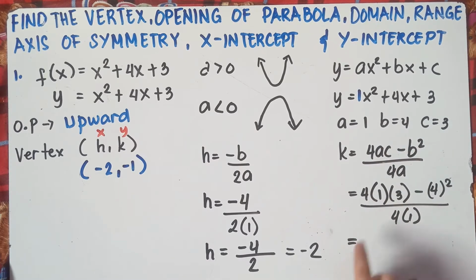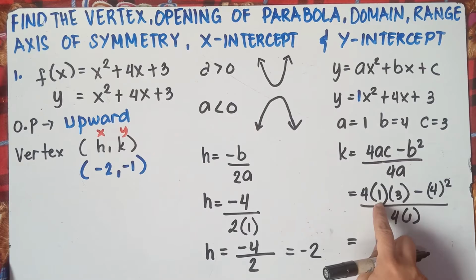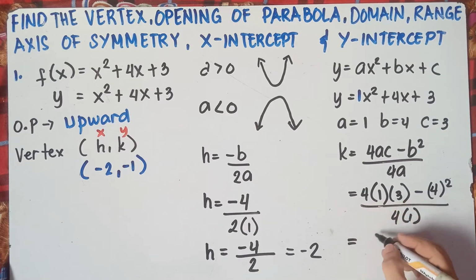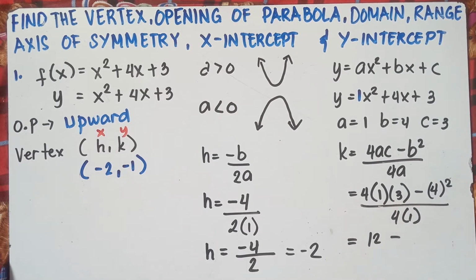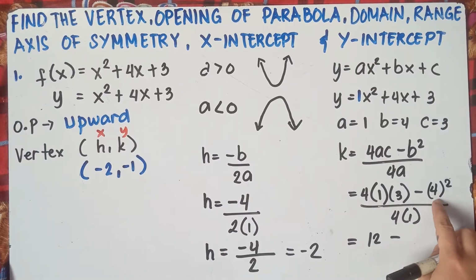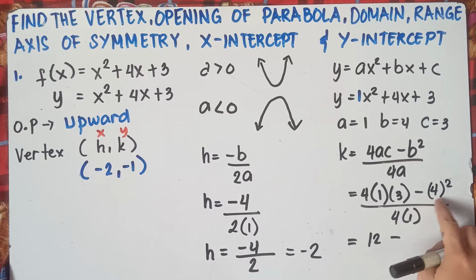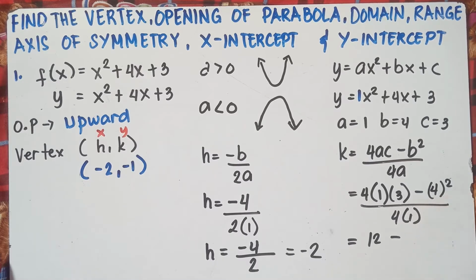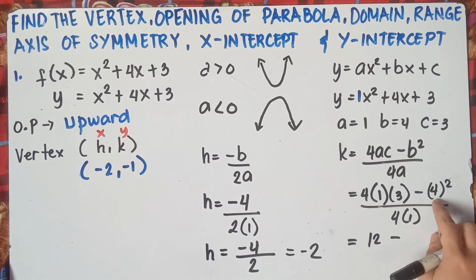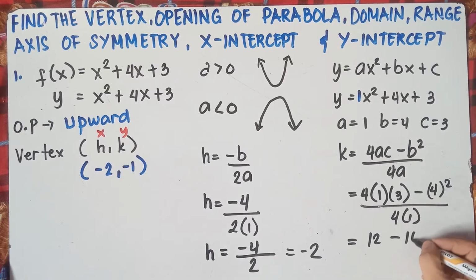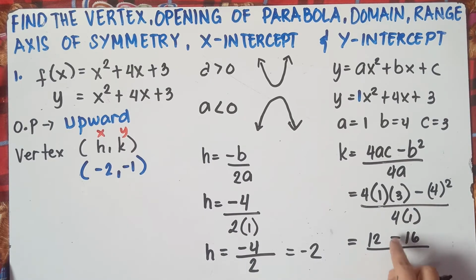So this will be 4 times 1, that is 4, times 3, that is 12, minus 4 squared. Once again, class, 4 squared doesn't mean 4 times 2, it means 4 times 4, which is 16. Over 4 times 1, that is 4.